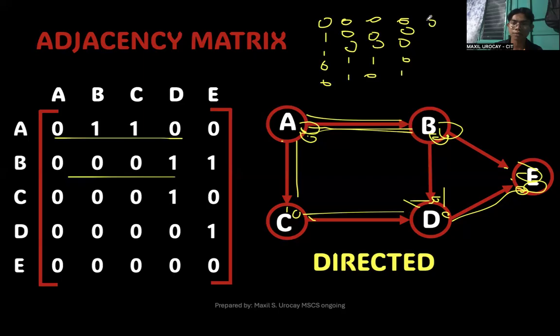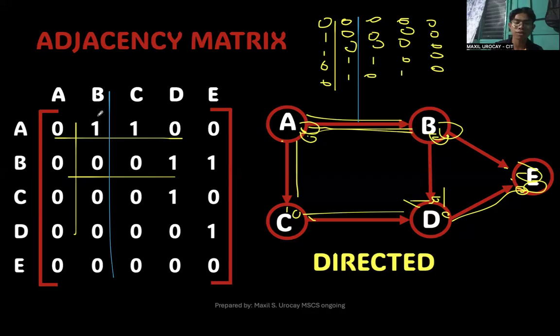Then all 0. So let's try to figure out if that's still symmetric. Check all zero, but here it's not. So that means it is not symmetric anymore. For the second one, it's 1, 0 here, so that's not symmetric.